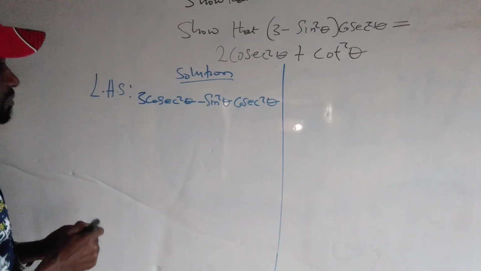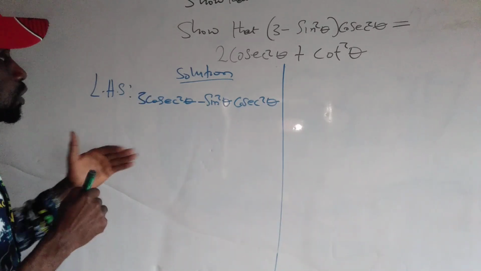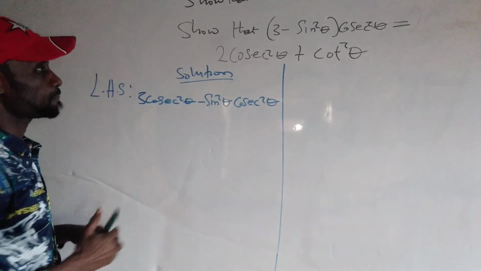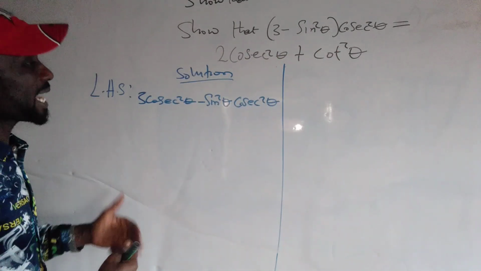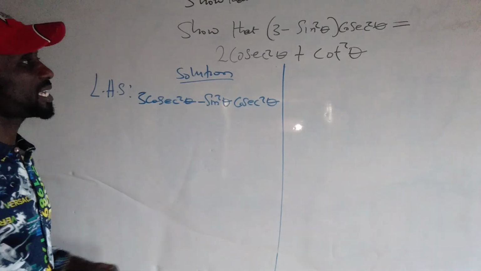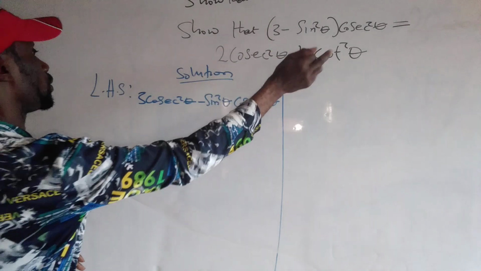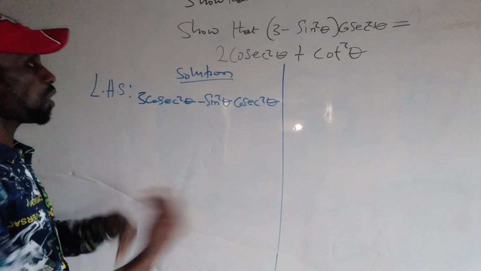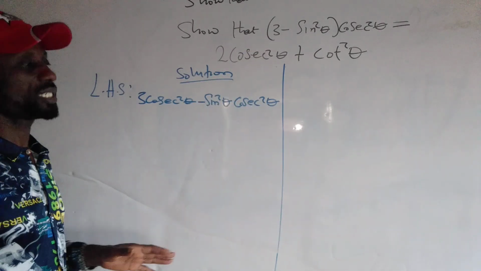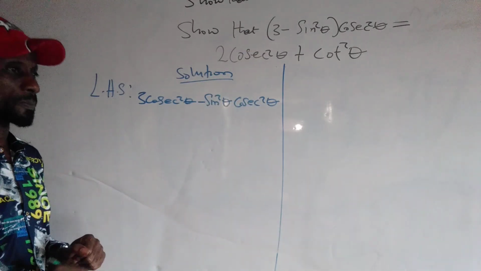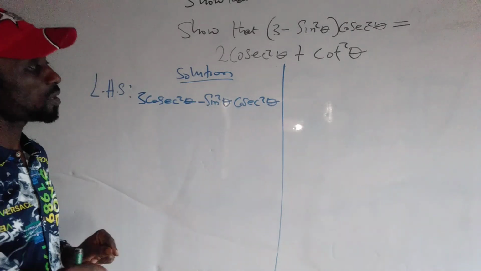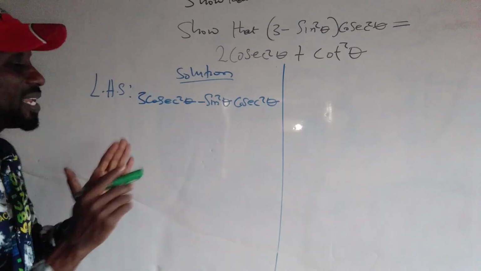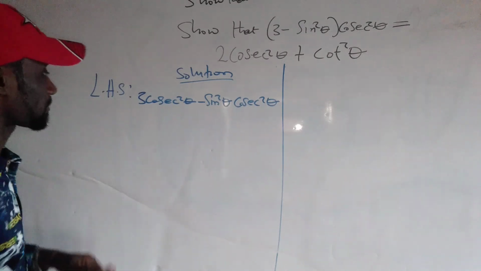So with this, your business now is to look at the expression and look at the right hand side. What identity will I bring in to be able to introduce cot or take away sine square theta? And remember, cosec square theta is the same thing as 1 all over sine square theta. So immediately we can substitute that.